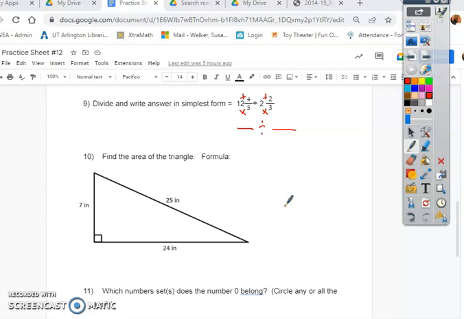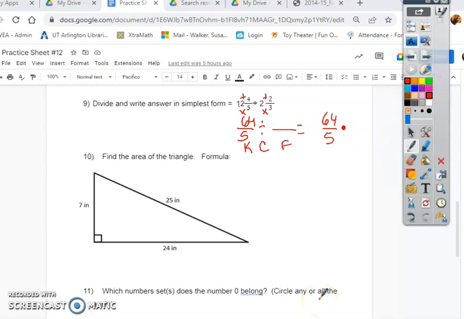You do the second one. 5 times 12 is 60 plus 4 is 64 over 5. You do this one. And then remember, you're going to do keep, change, flip. So do that right over here. Keep, change, flip. Keep this one. Change that, and then flip this one. And there should be a relationship right here. Okay, look for that relationship.